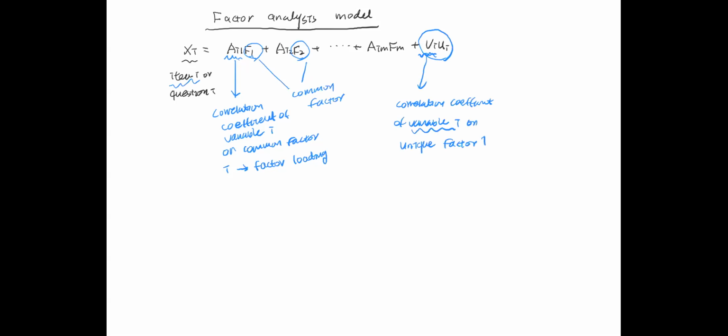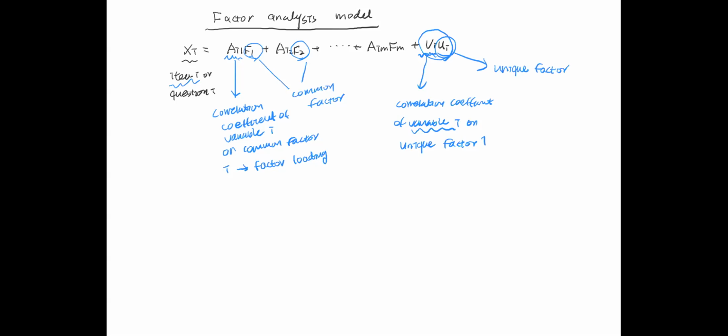So this works like the error term in the regression model. So the variance that is not explained in the model goes to this term. Okay, so this is how the factor analysis model looks.